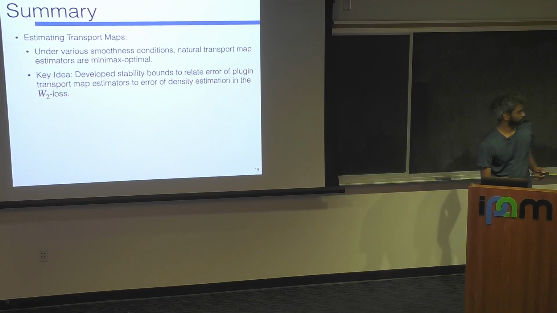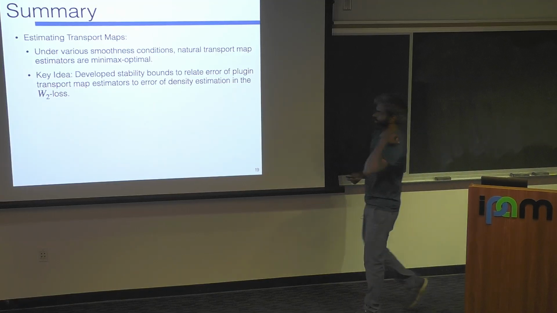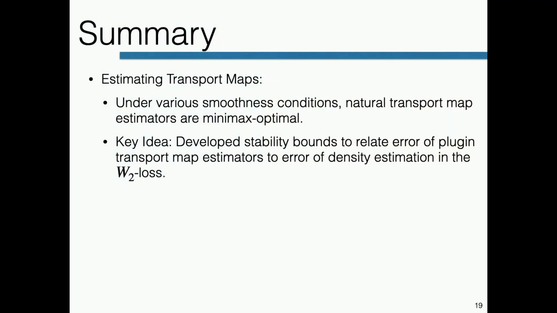Okay, so I'm about ready to stop. So let me just summarize quickly what we talked about. For the part on estimating transport maps, what we said was just that under various smoothness conditions, natural transport map estimators are minimax optimal. This is the basic takeaway. And the key idea was that we developed these stability bounds that relate the plug-in transport map estimator's error to the error of density estimation in the W2 loss.